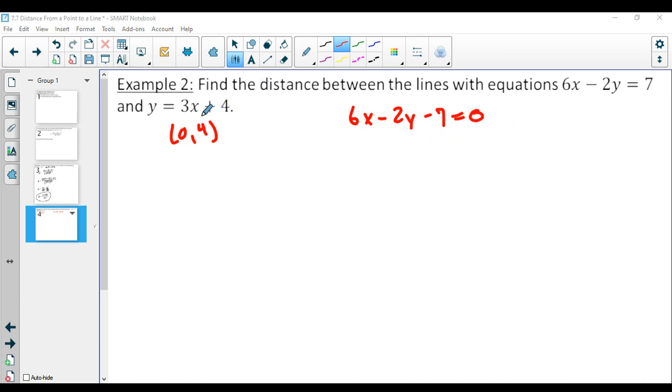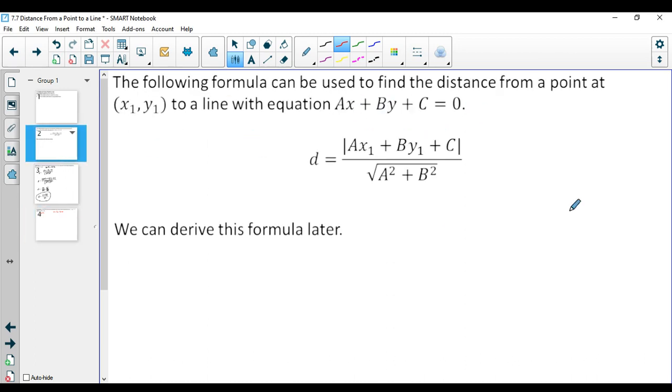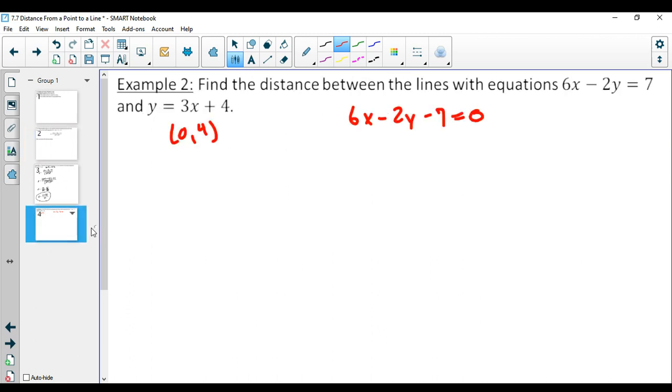Can I do that again? The point or the parallel line explanation? The point. Okay. I should have prefaced this with the fact that the formula can be used to find the distance from a point to a line. Since I have two parallel lines, it doesn't matter what point I pick, I just need a point on the line.